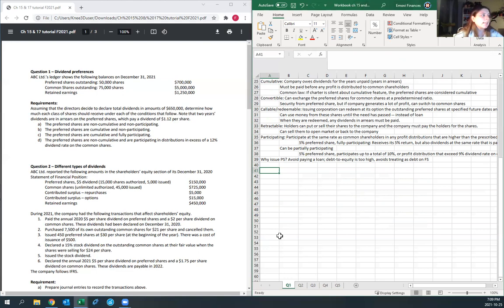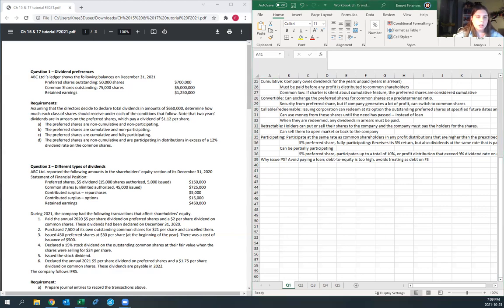Common shares outstanding, 75,000 shares for $5 million. Retained earnings, $1.25 million. So the requirements, assuming that the directors decide to declare total dividends in amounts of $650,000, determine how much each class of shares should receive under each of the conditions that follow. Note that 2 years dividends are in arrears on the preferred shares, which pay a dividend of $1.12 per share.